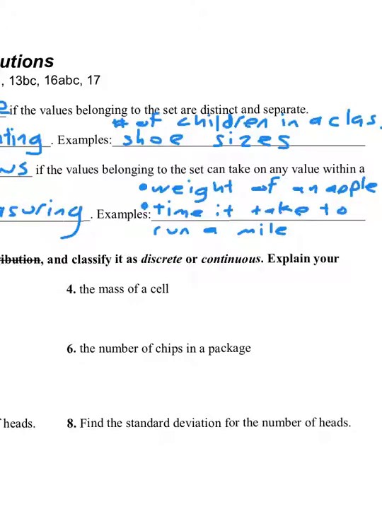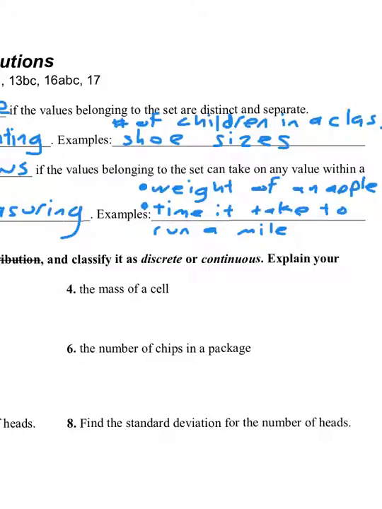It could take you exactly 6 minutes to run a mile. But could it take a little longer? Could it take you 6 minutes 10.562 seconds? Yes. So if it could take on any value within a reasonable range, then it's continuous.